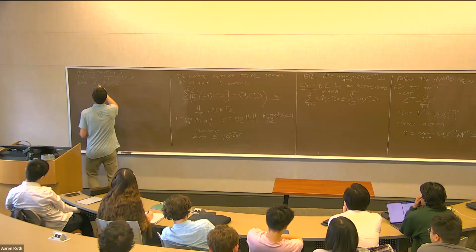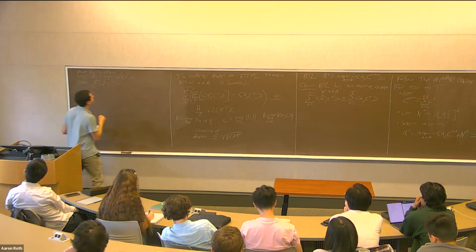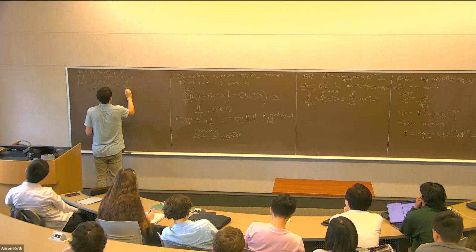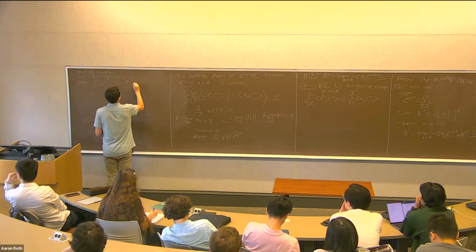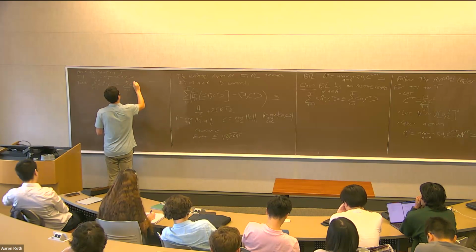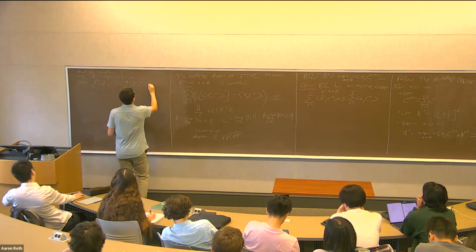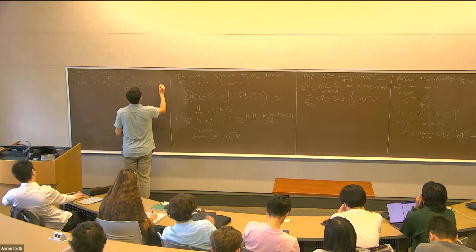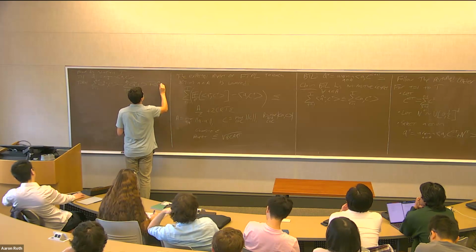So this is the sum over K plus 1 terms, which I could write as the sum over the first K terms, the cost of the algorithm over the first K days, plus the cost of the algorithm at day K plus 1.